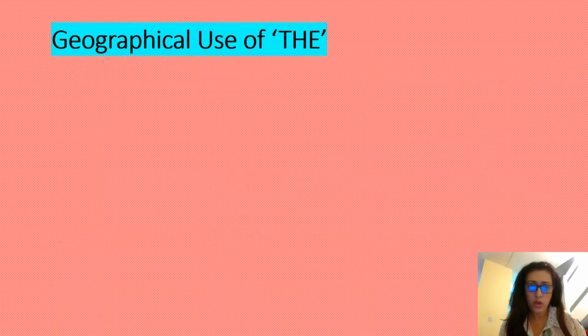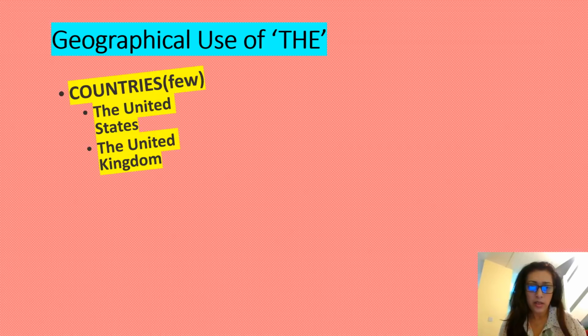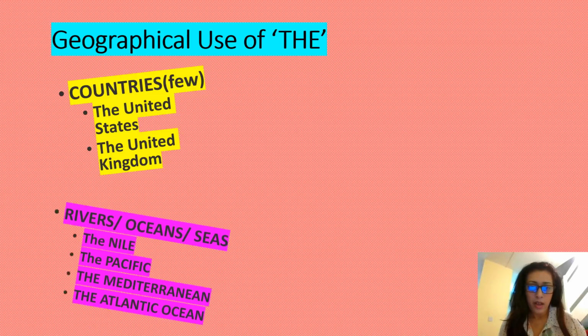Now moving on to the geographical use of the, there are some specific rules for using the with geographical nouns. So here let's take a look at where all we use the definite article the. First is countries, so like the United States, the United Kingdom.